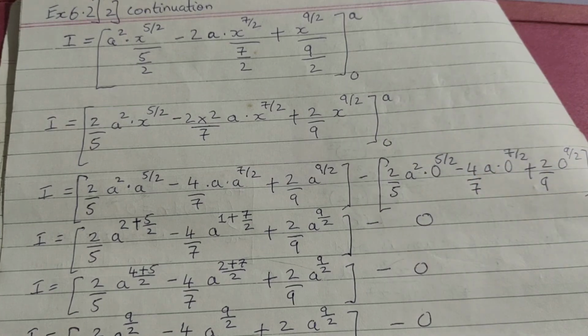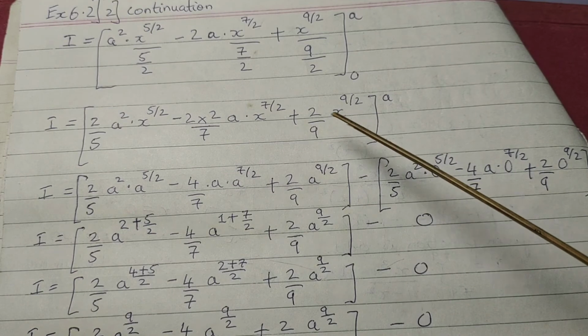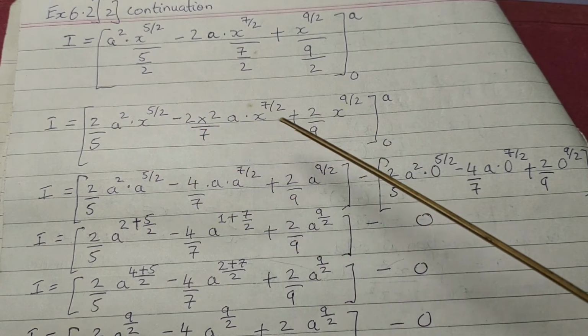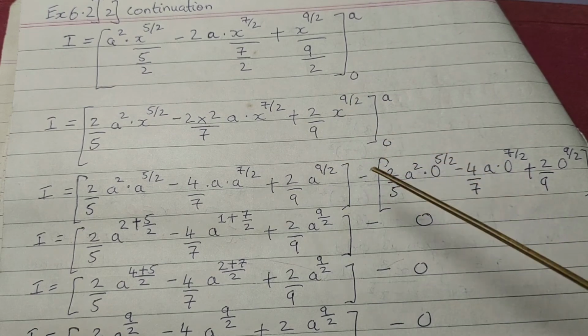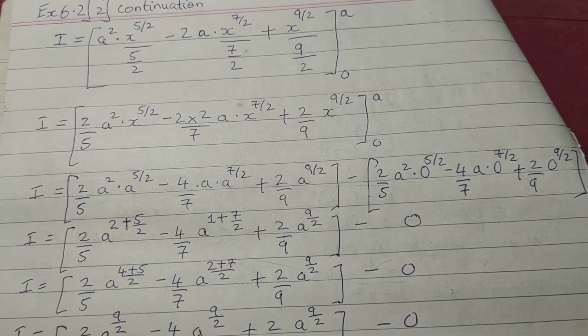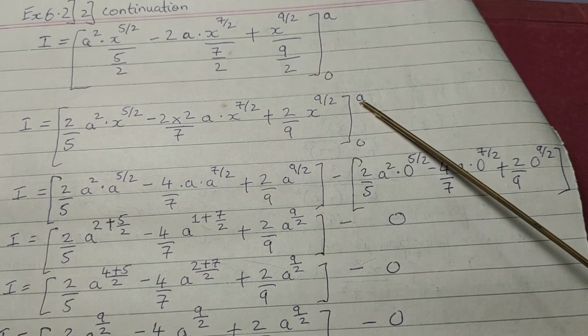Now what we need to do is, wherever x is there, you have to put first the upper limit and then minus it with the lower limit. So how will you do that? I'll tell you. Firstly, wherever x is there, you need to put the upper limit a.